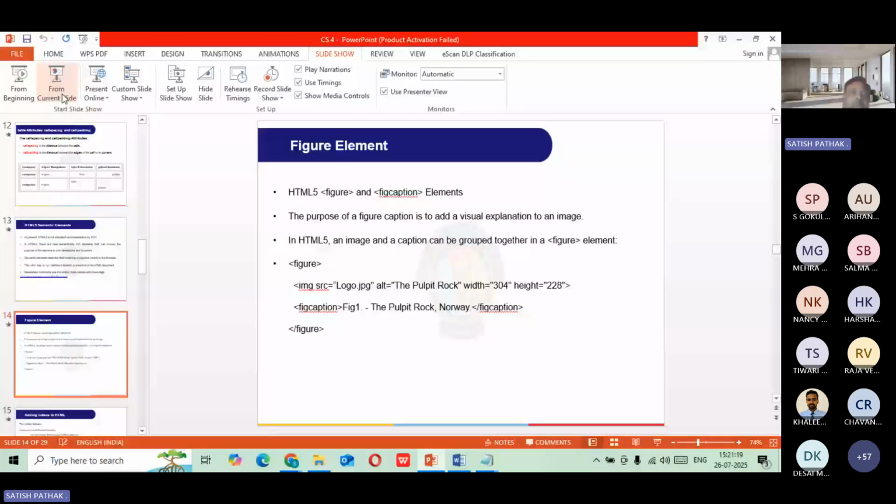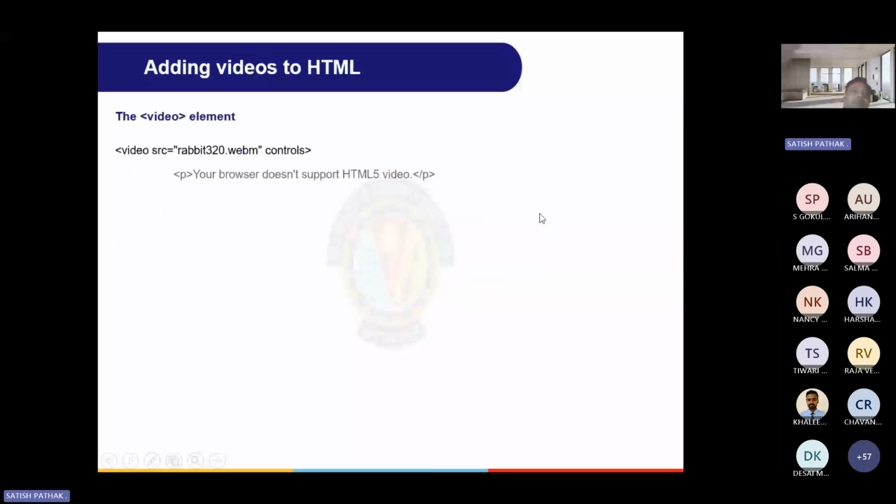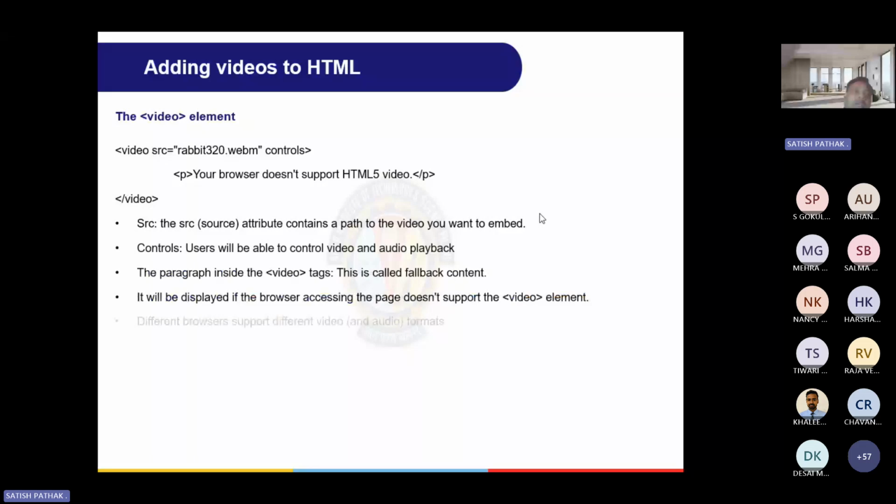The purpose of figcaption is to add a visual explanation to the image. In HTML5, an image and caption can be grouped in a figure. That's what it is saying. There's also a video tag. You can play a video very easily. Source is the video file.